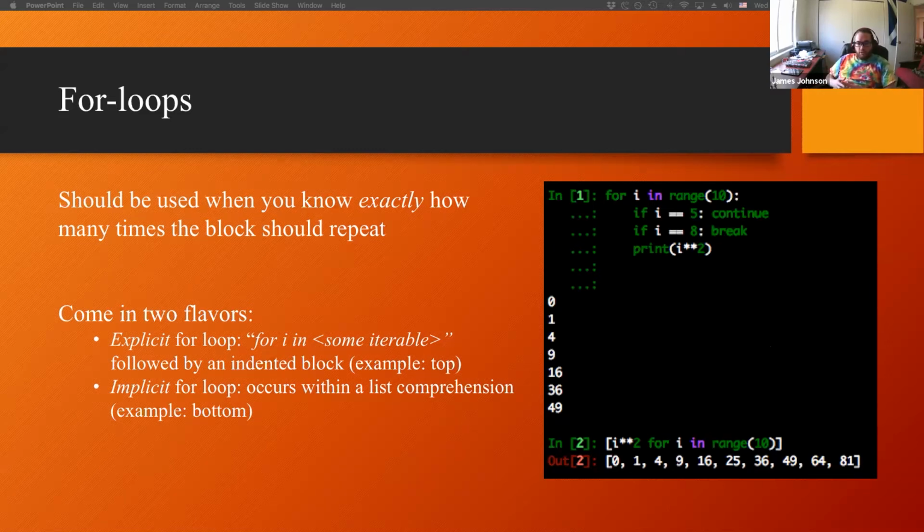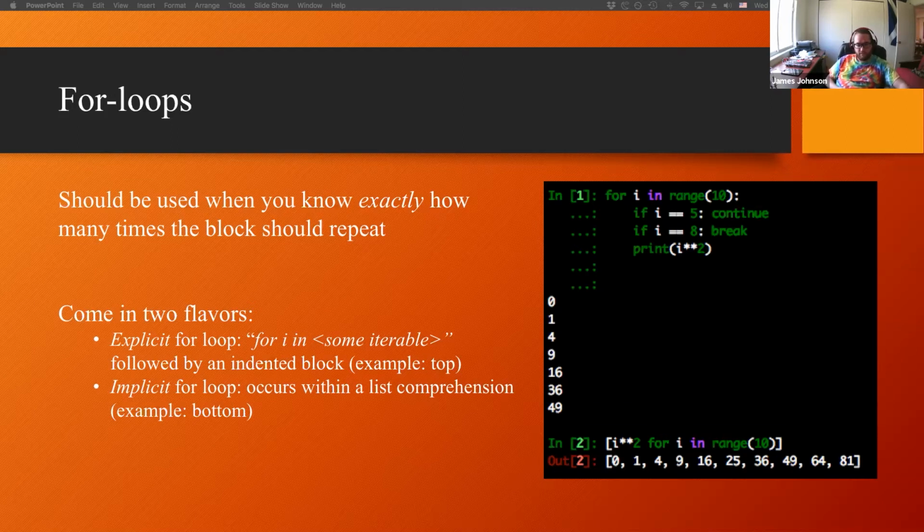So the general statement for for loops, and when you should use them, is when you know exactly how many times some block of code is going to iterate or should iterate. You can still use a break condition. This is somewhat for example purposes. I knew that this loop was only going to iterate for 0 through 7.